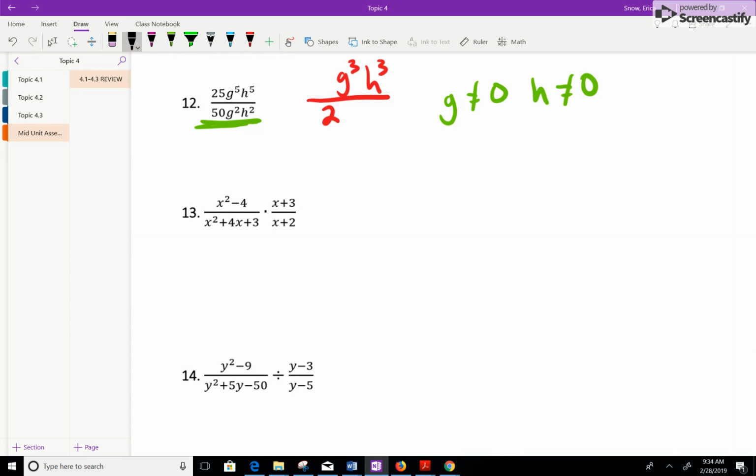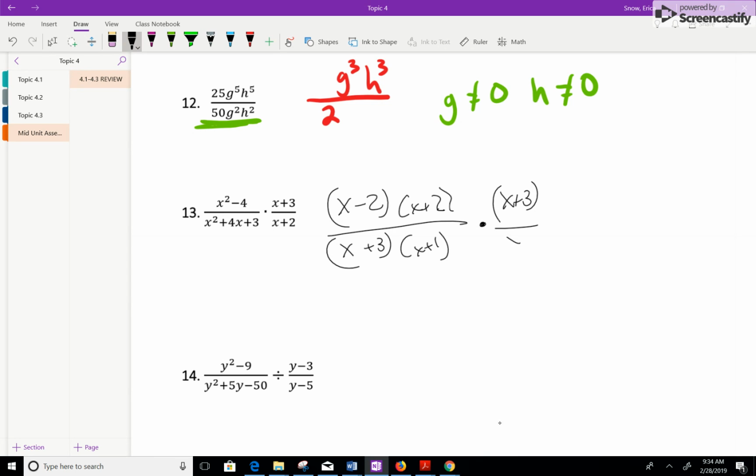Okay, for number 13, we're going to factor before we multiply. So we get x minus 2, x plus 2 over x plus 3, x plus 1. Then we have x plus 3 and x plus 2.